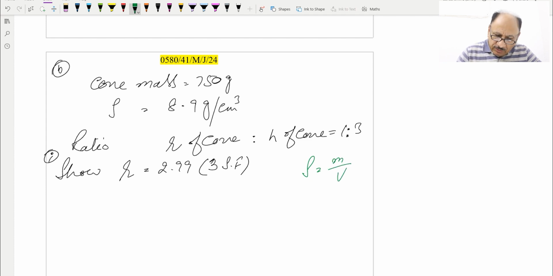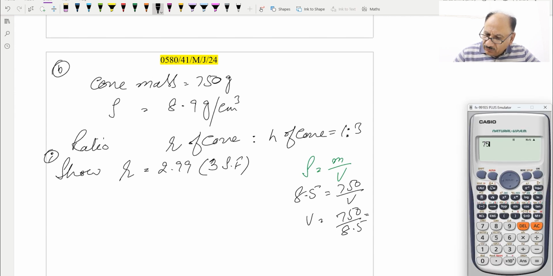So density is given, so we can take 8.5 is equal to mass 750 over volume, so volume will be equal to 750 over 8.5.